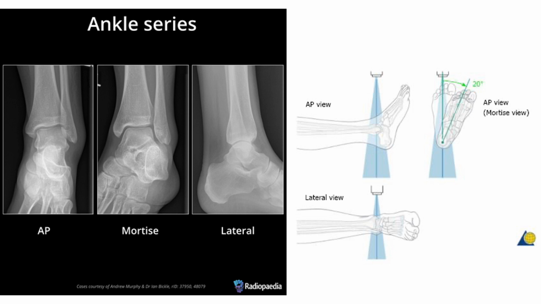So the ankle series has three different views: the usual AP and lateral views, the routine AP and lateral views, as well as a Mortise view. We will go over the Mortise view later. So on the right hand side of the slide, this is how we position the different techniques in X-ray.